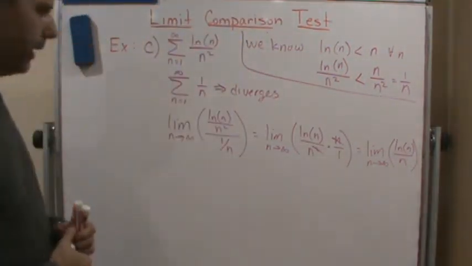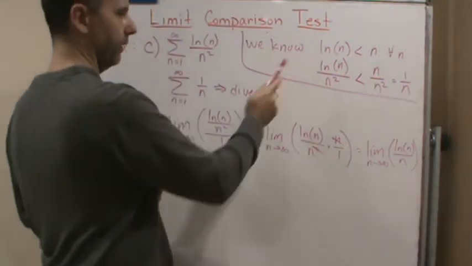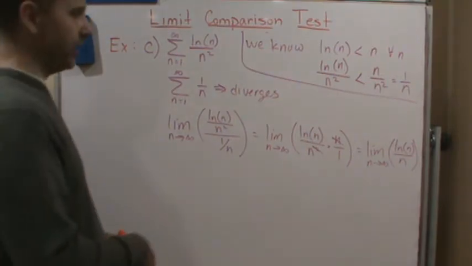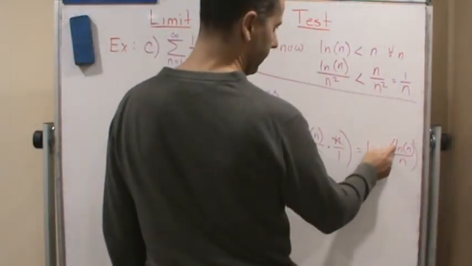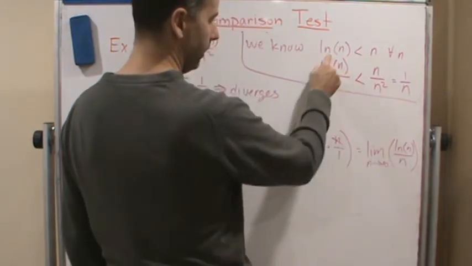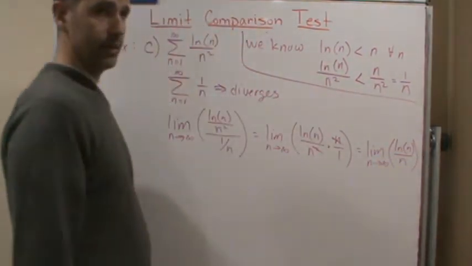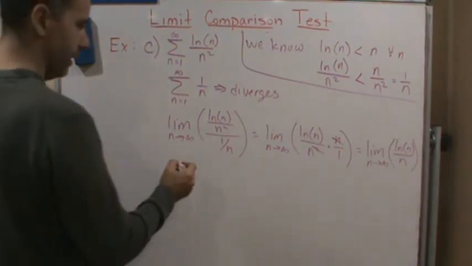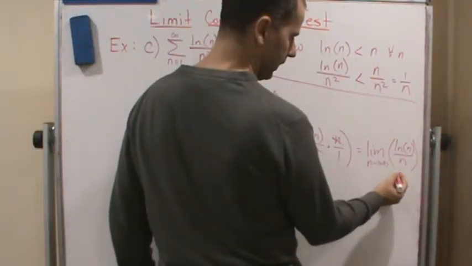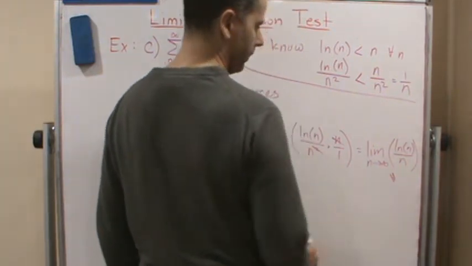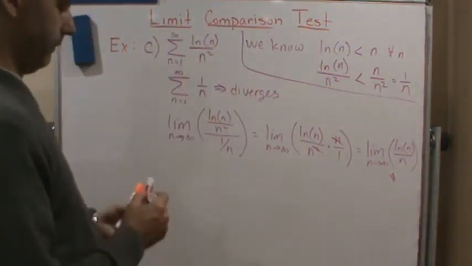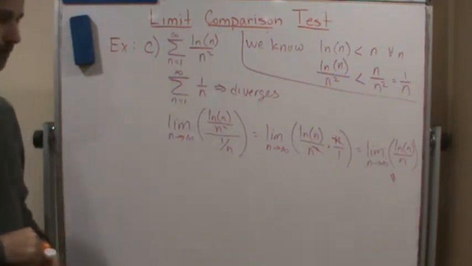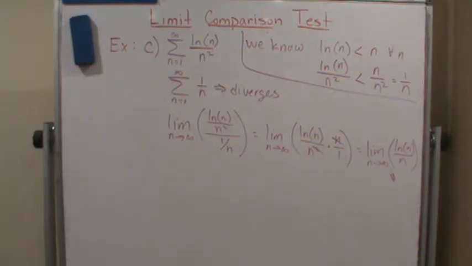Okay, so now here's where this comes in handy, because we know that the numerator here is always less than the denominator. So that means that this limit as n goes to infinity is going where? Well, n is growing much faster than the natural log of n.